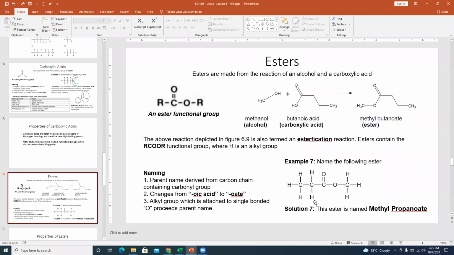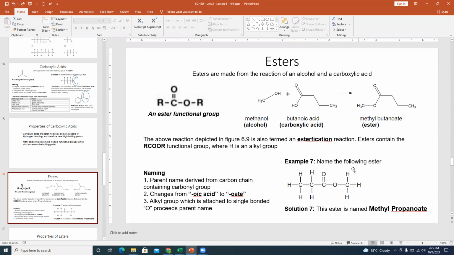And we talked about this example. If you were to ignore this part of the molecule and just focus on the part that contains the carbonyl group, you would see that it's 1, 2, 3 carbons. So it would be a prop. And if this was a carboxylic acid, it would be propanoic acid. But because we see that it's not propanoic acid, there's another methyl group here, there's some R group here, whatever it is, we change it to propanoate, but we need to add in the methyl in front of it.